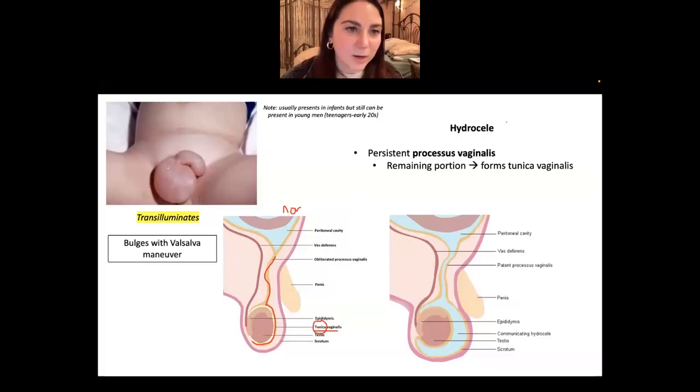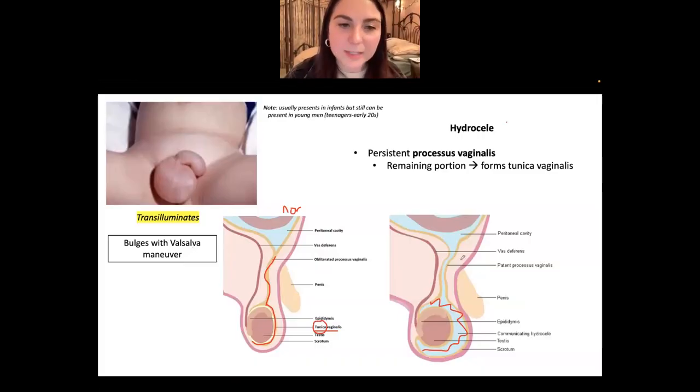So this is what it looks like. If you're a doctor and you're like, I just can't tell, is that a varicocele, is that a hydrocele? Get a flashlight, shine it up to it. Now this is basically just like a sack of water, as you can see in this image. So if you shine a flashlight to it, it'll go right through because again, it's water. So that's what it means by there is transillumination, or there's no transillumination with a varicocele.